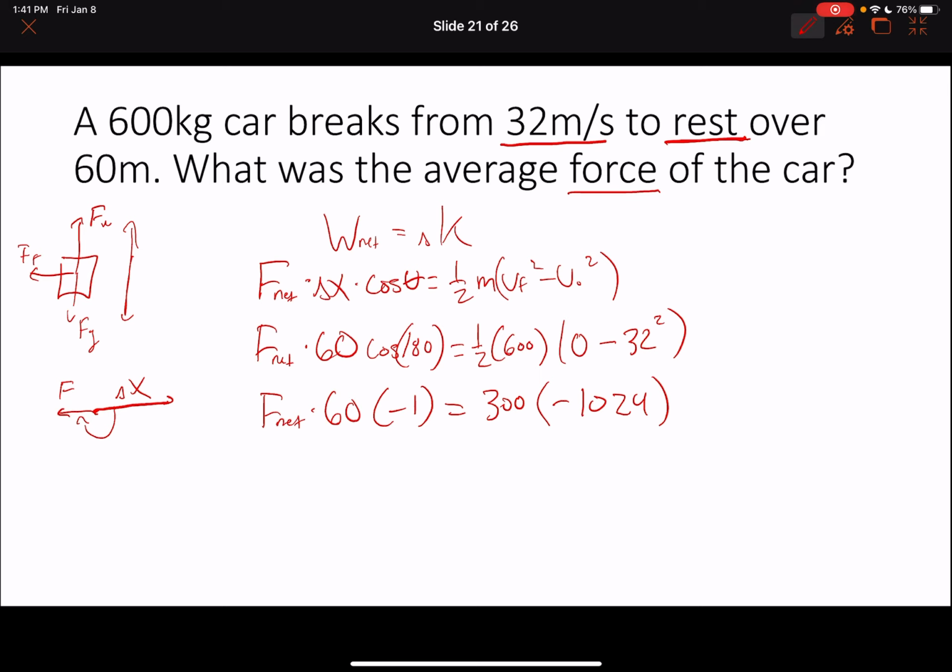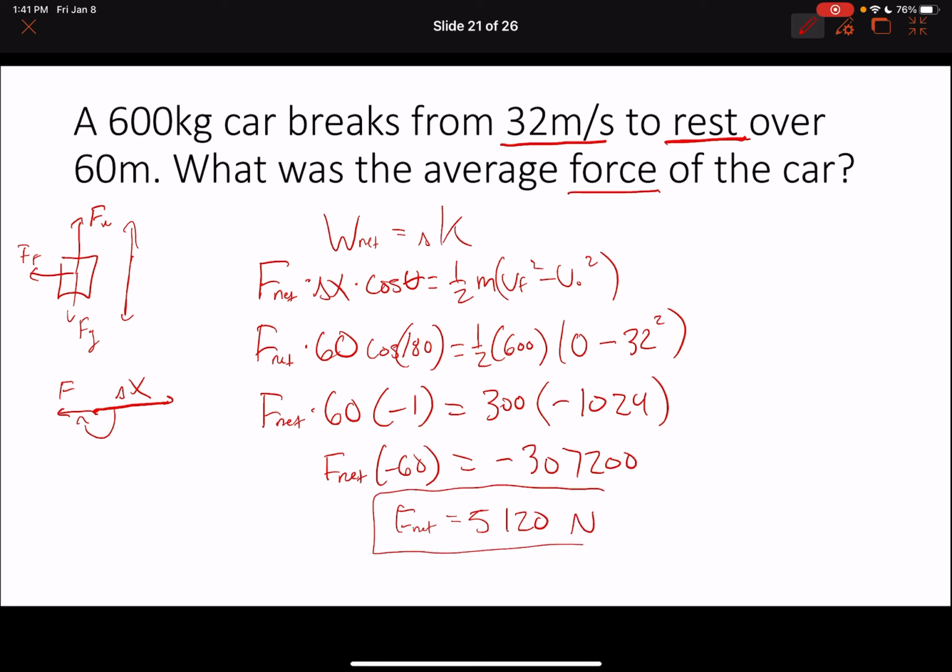Let's simplify this a little further. So F net times -60 is equal to 300 times -1024, which is -307200. And let's divide that by 60. And so we get F net is equal to 5,120, and that is my final answer.